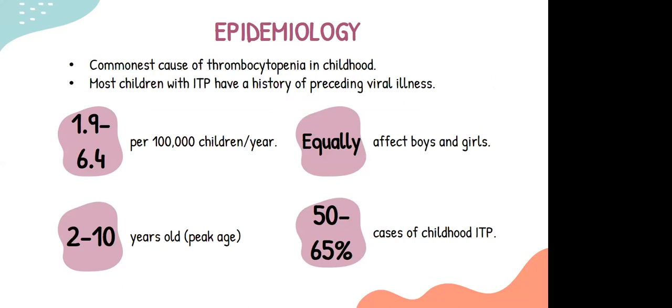ITP affects boys and girls, but chronic ITP is more common in females. Children with ITP can present at any age, but the peak age is 2 to 10 years old.